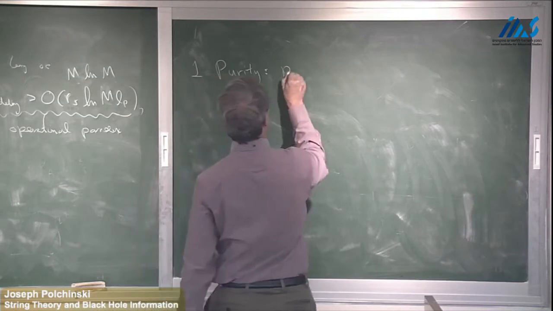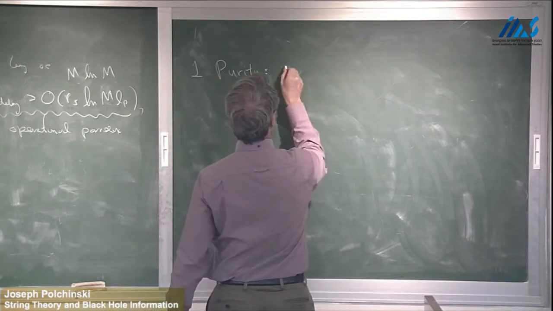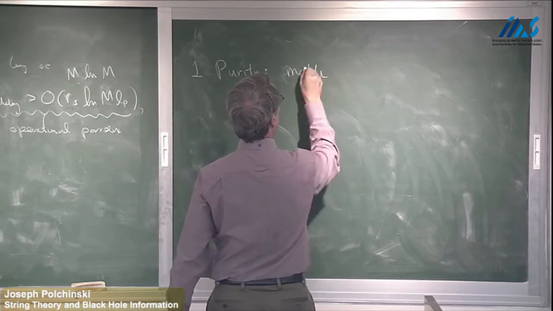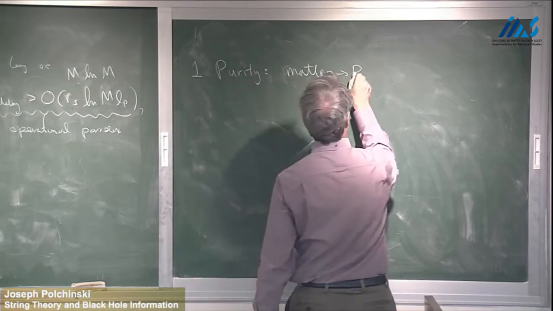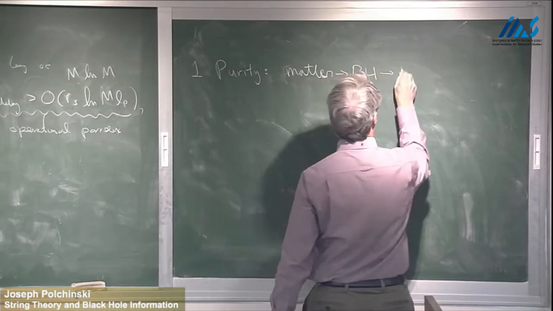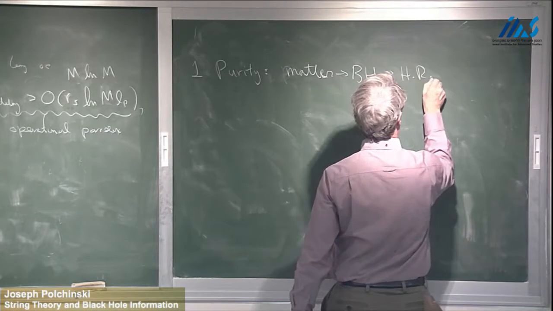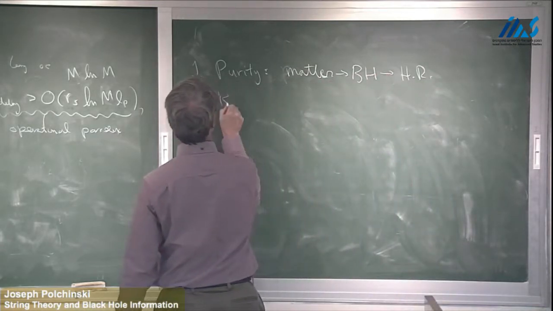The process of matter to black hole to Hawking radiation is described by a unitary S matrix.